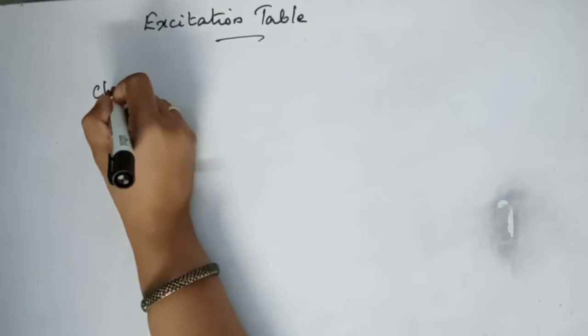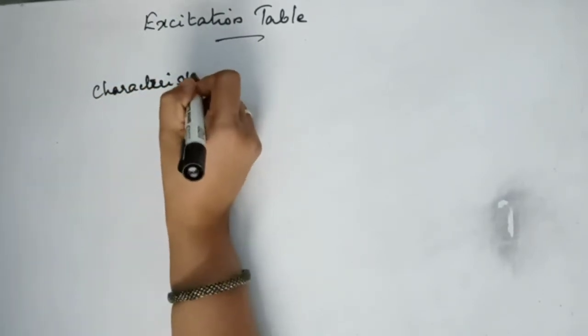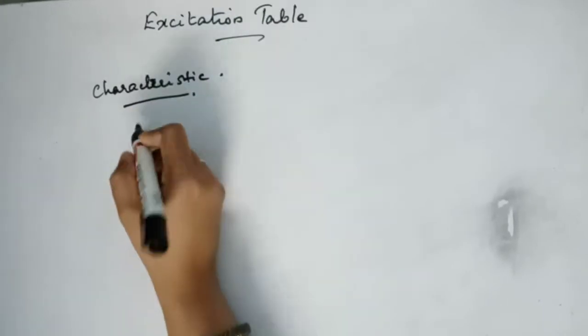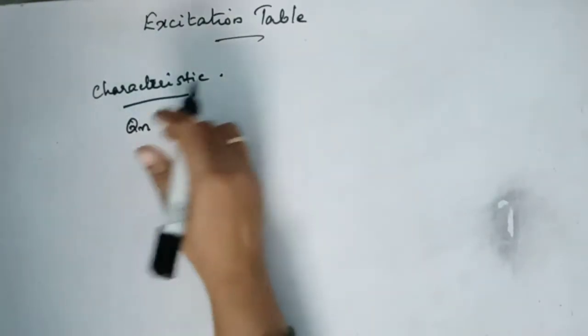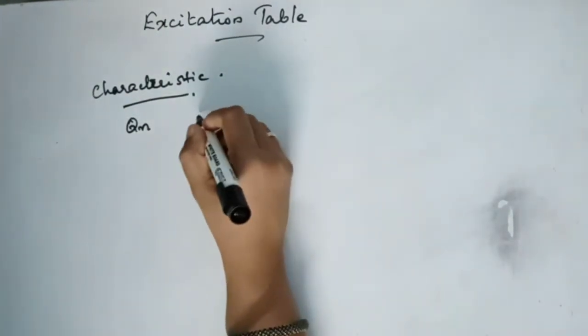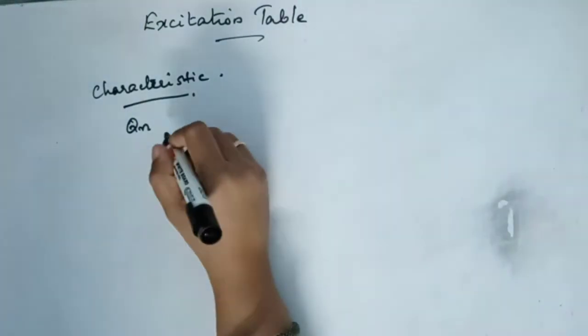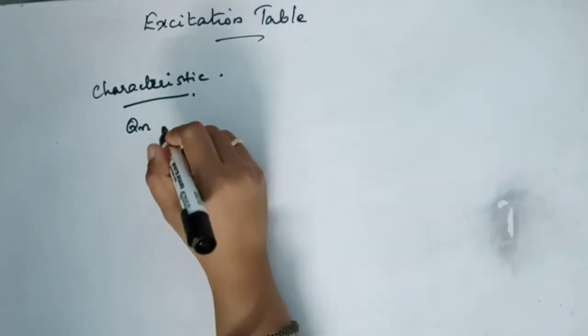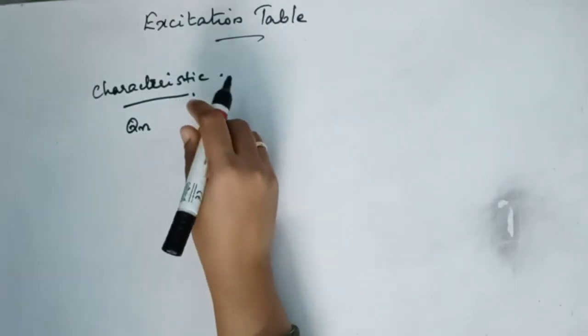In a characteristic table, what do we know? We know the previous state, we know the inputs. If it's an SR flip-flop, we know S and R. If it's a JK flip-flop, we know the values of J and K. If it's D, we know what D is.